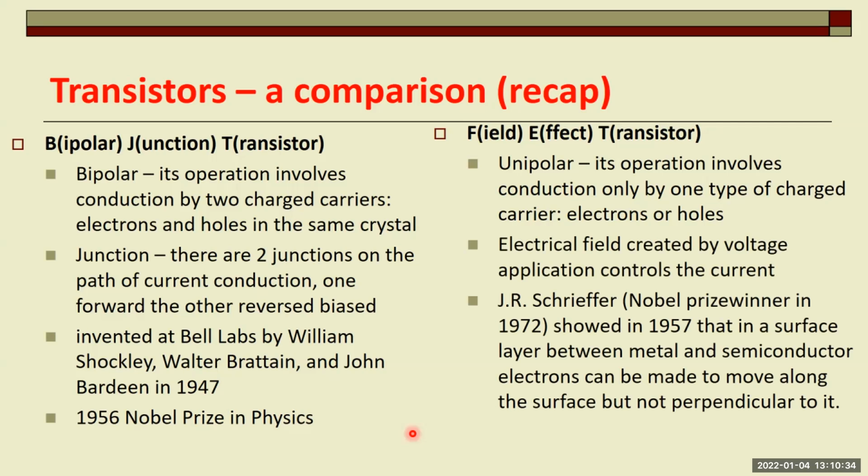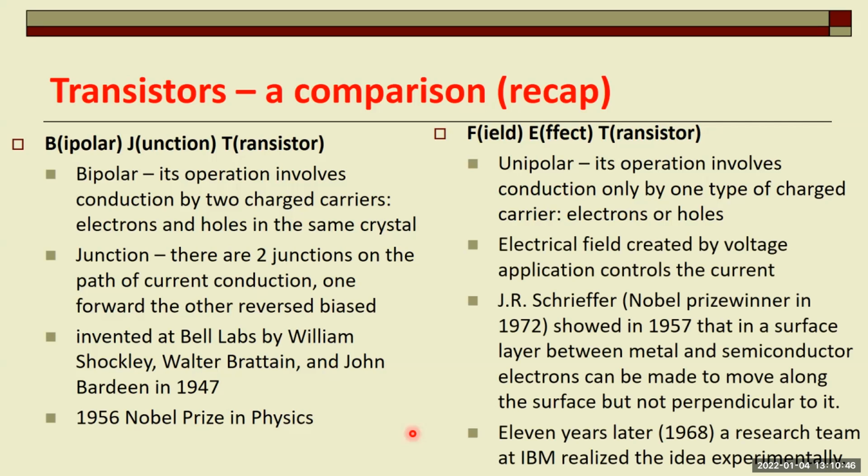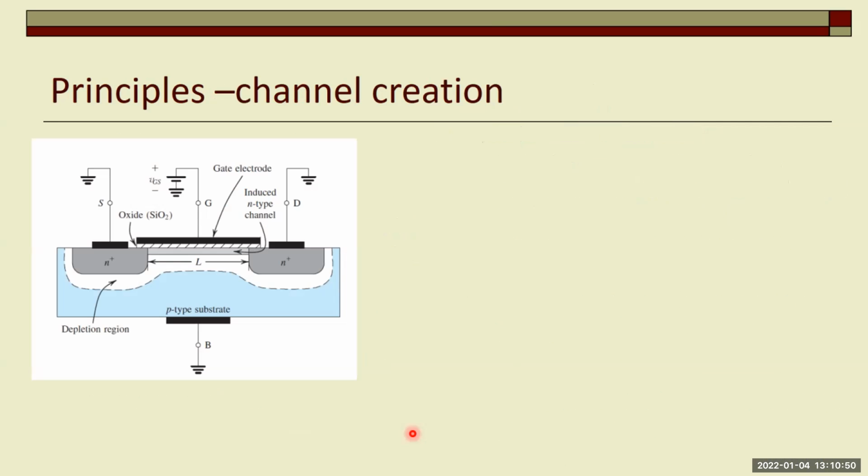And it was shown in 1957 that the metal oxide semiconductor could be created. And 11 years later, IBM effectively realized the idea experimentally.